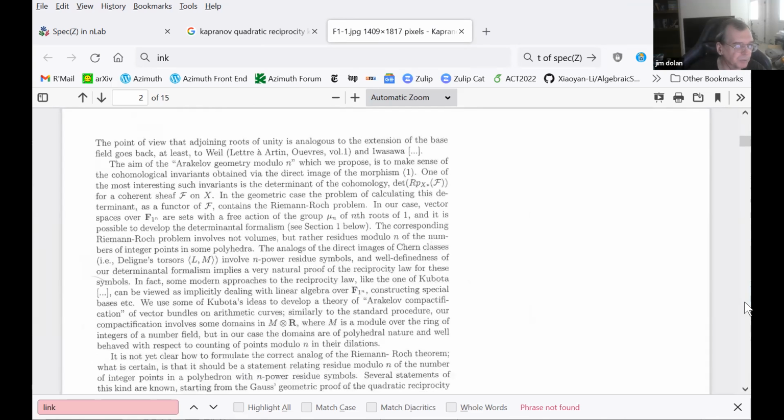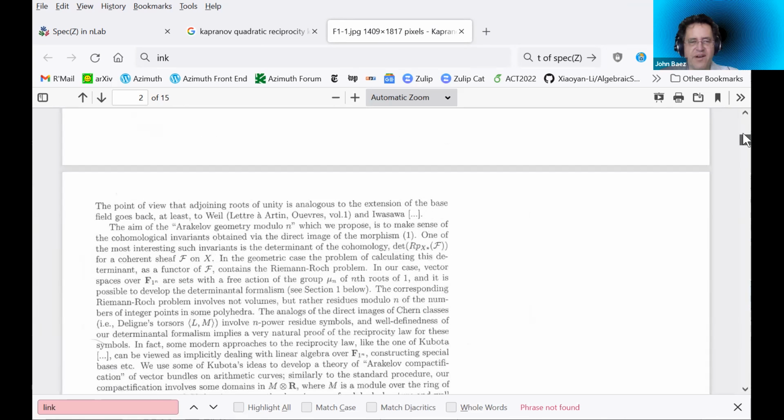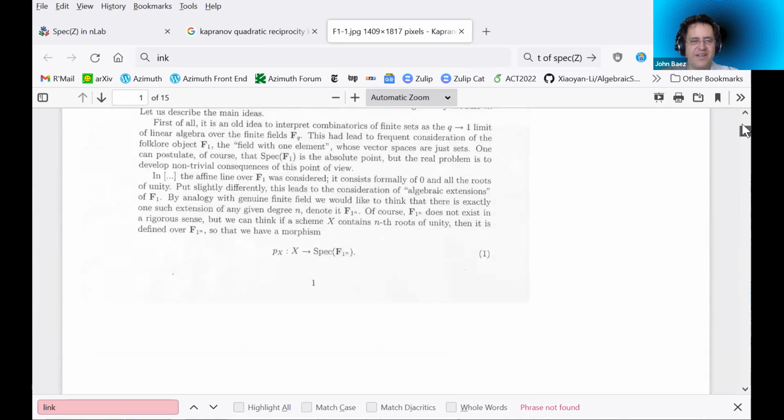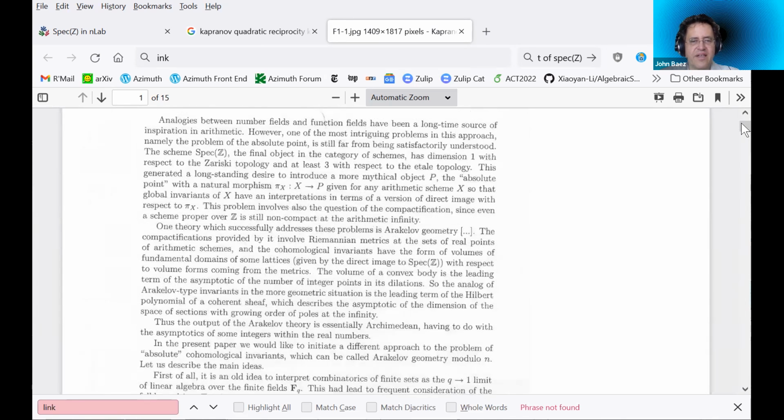Are you talking about the field with one element? Well, yeah, they are, but that's not the main thing I want to get into. Even if you don't find anything else, this is already a very good hint.